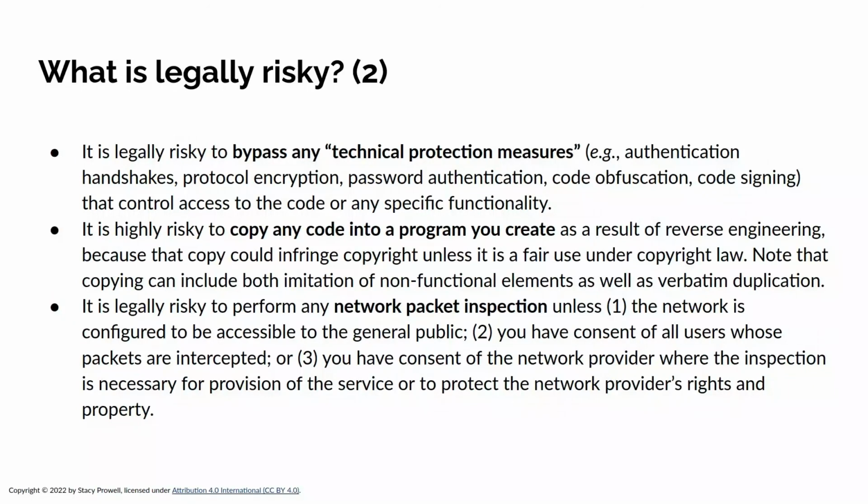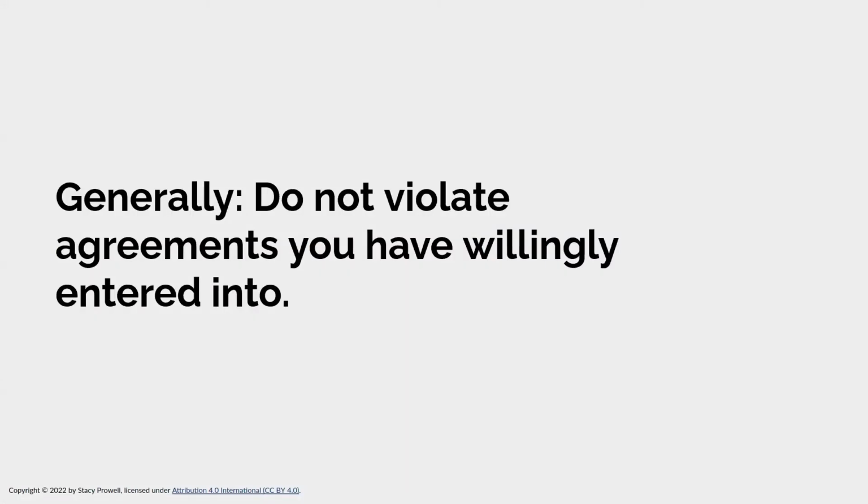Stealing someone else's code can be very risky, because even if you do it in public, there can still be copyrights and even patents around parts of code. I don't want to get into whether or not code should be patented, but that can be risky. Okay. So the basic guardrail here is don't violate agreements. If you willingly enter into an agreement that says I won't reverse engineer your code, then don't do that. I think that's fairly straightforward.